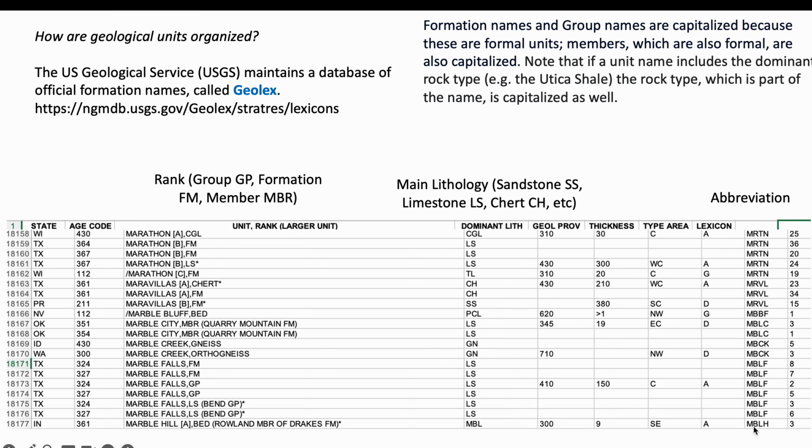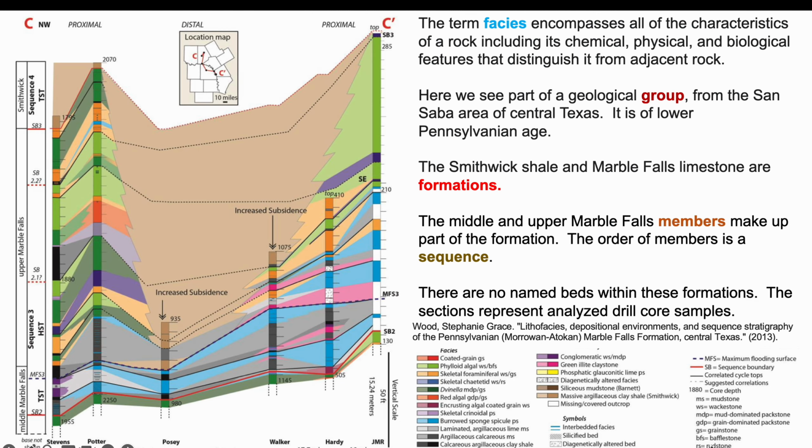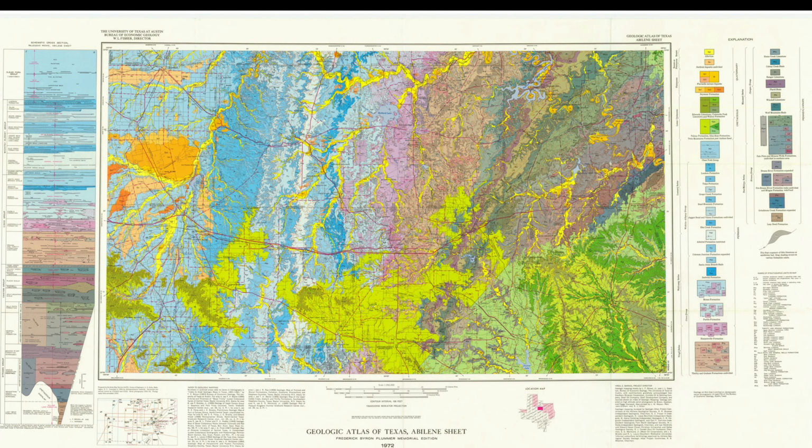There's also an abbreviation, because why shouldn't there be an abbreviation? So MBLF, that's the Marble Falls Formation or Group or whatever. There you go. All right, let's go on.